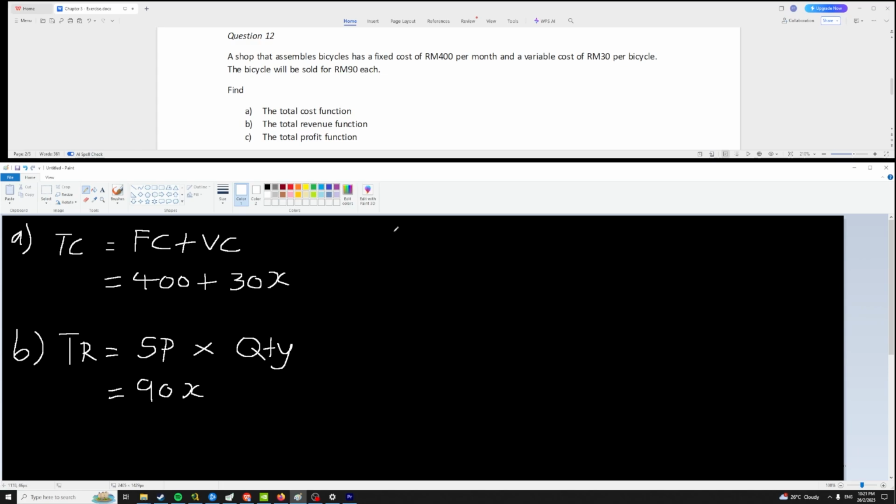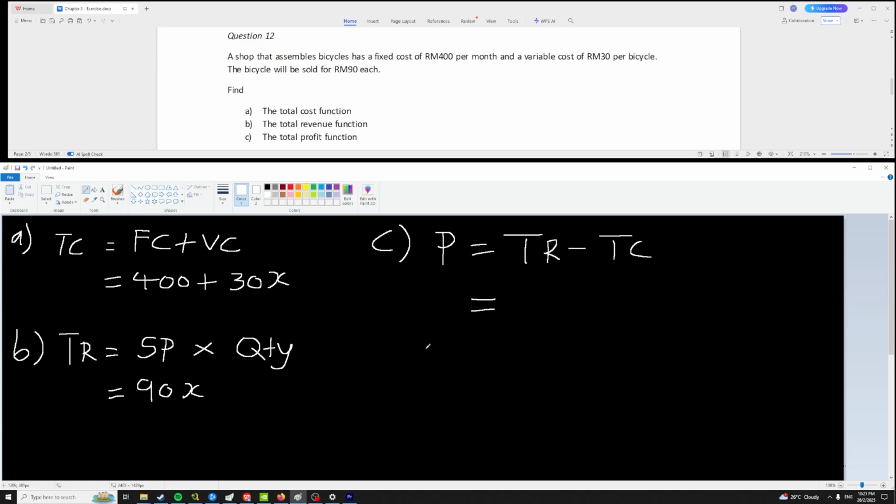Then the next one is the total profit function. We represent it by P. It is basically your total revenue minus your total cost. So basically we combine these two equations.